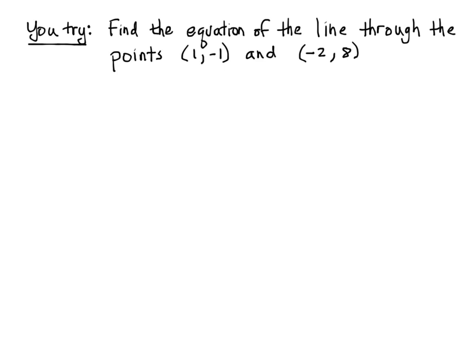And then I plugged it in, so I got y minus negative 1 equals negative 3 times x minus 1. So y plus 1 equals negative 3x plus 3. And subtract 1 from each side. And I got y equals negative 3x plus 2. Plus 2. Good.